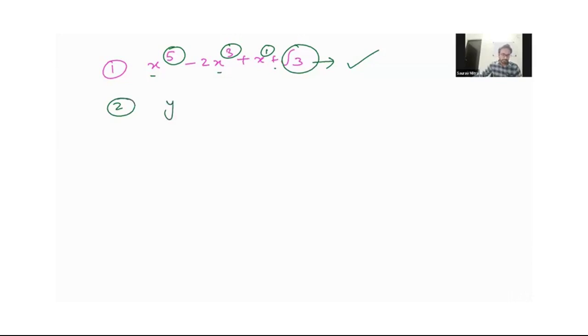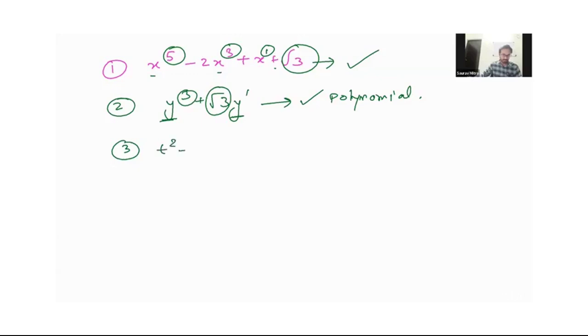Let us take another example: y cube plus root 3y. Is this a polynomial? Yes, since the variable is y, and the power of the variable is 3 and 1. So this will also be considered a polynomial.